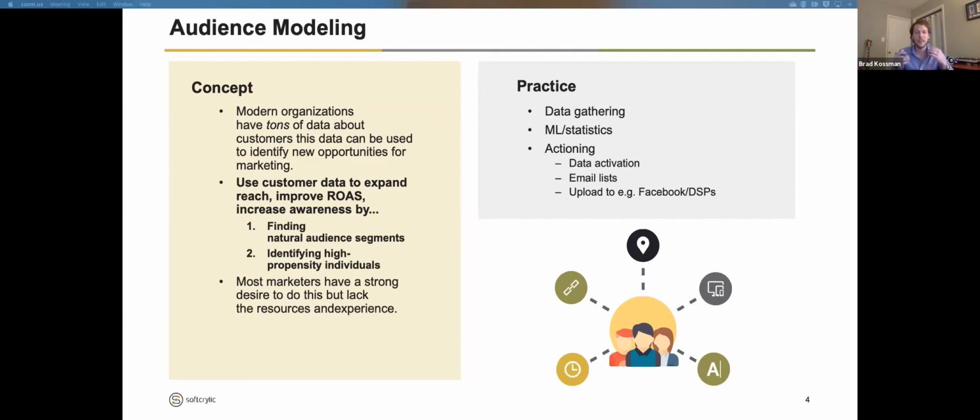And generally speaking, a lot of times what happens is you'll define an audience based on lifetime value or based on how many premium products they bought in the past or some unidimensional kind of characteristic of a person. But ideally, you'd like to use all of your data, right? You already have a fairly holistic 360-degree view of each of your customers. So why not leverage all of your data?